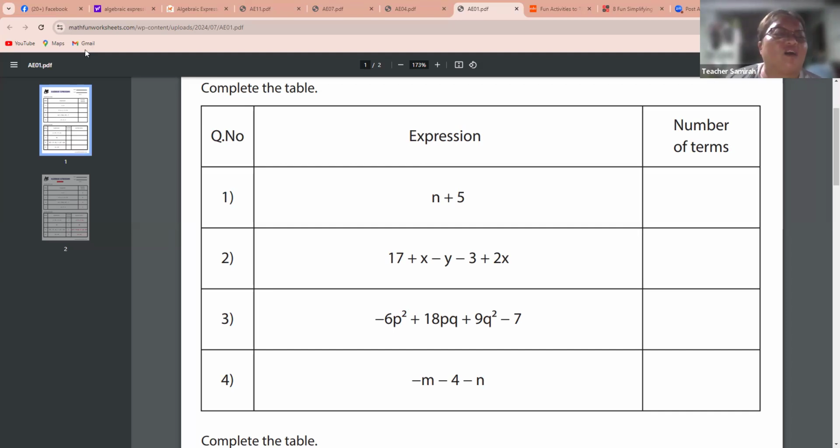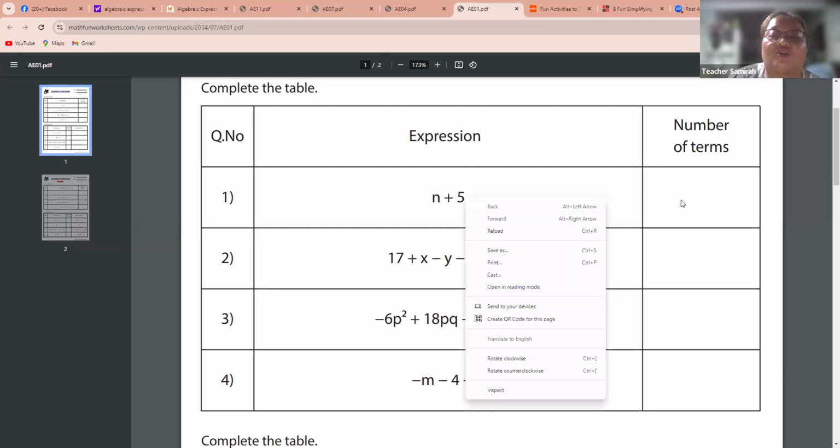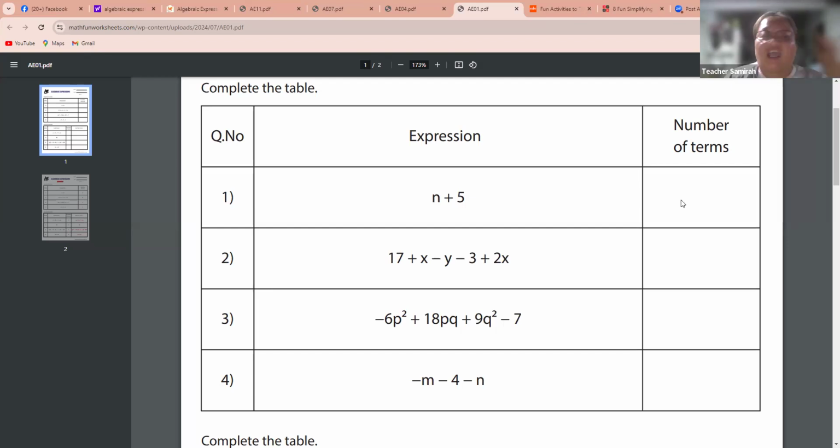It is 2 terms. Why is it 2 terms? N is 1 term, which is the variable, and 5 is another term, which is the constant. Therefore, the answer for this one is 2. The number of terms for question number 1 is 2.